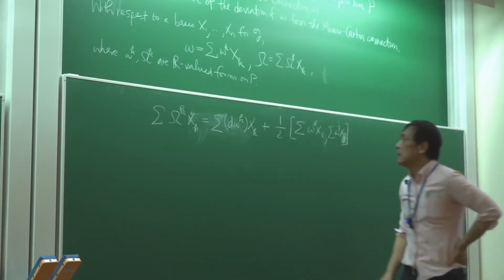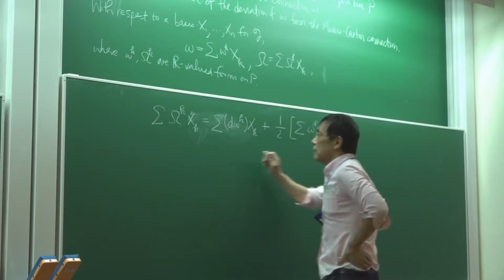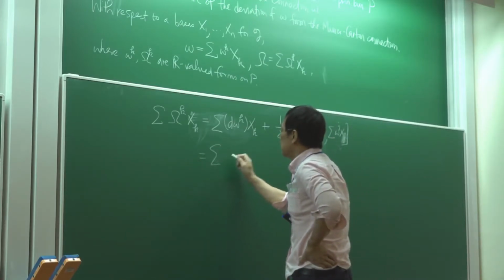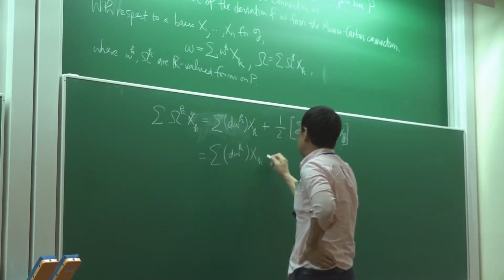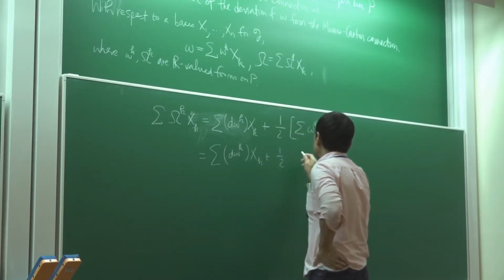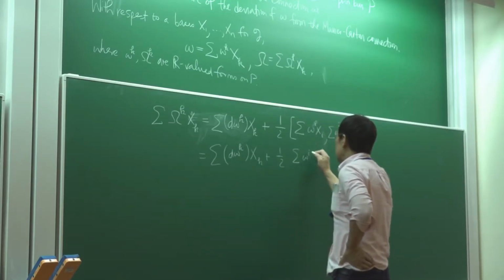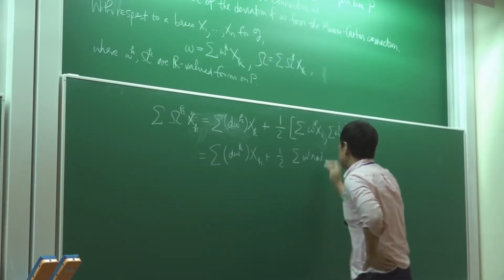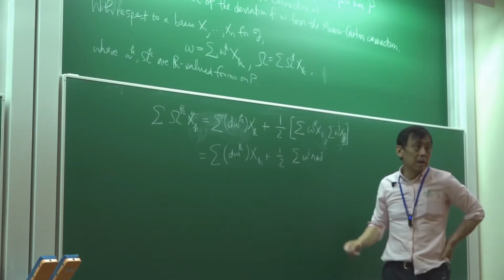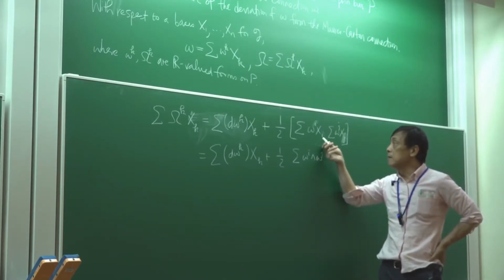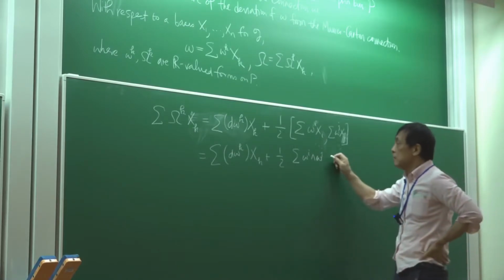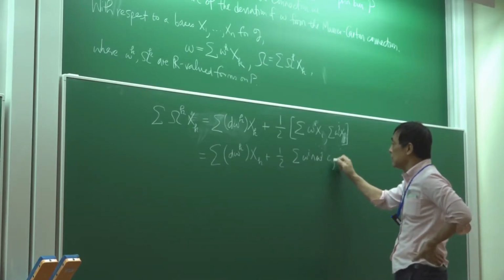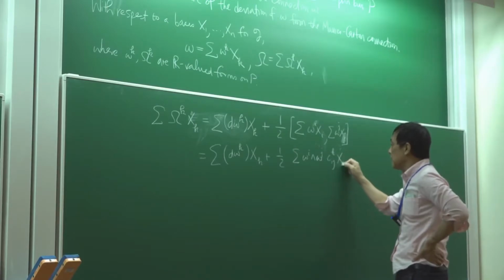And then you expand that out. Omega i wedge omega j. And then you have bracket xi xj. Okay, bracket xi xj is c_ij^k xk.